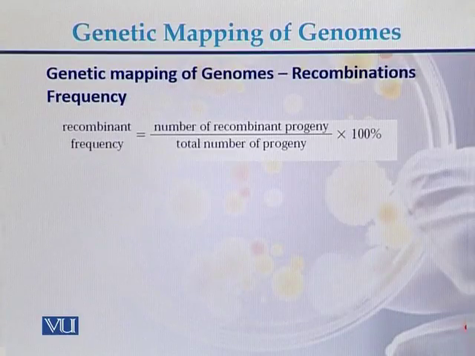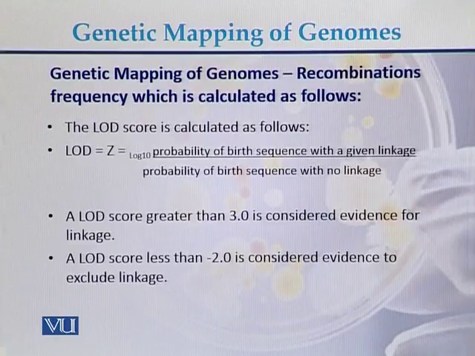This is the formula for calculation of the recombinant frequency: number of recombinant progeny over total number of progeny multiplied by 100%. So in this way, we can calculate the recombinant frequency. Genetic mapping of the genomes can also be done using the recombination frequency in the form of the LOD score.